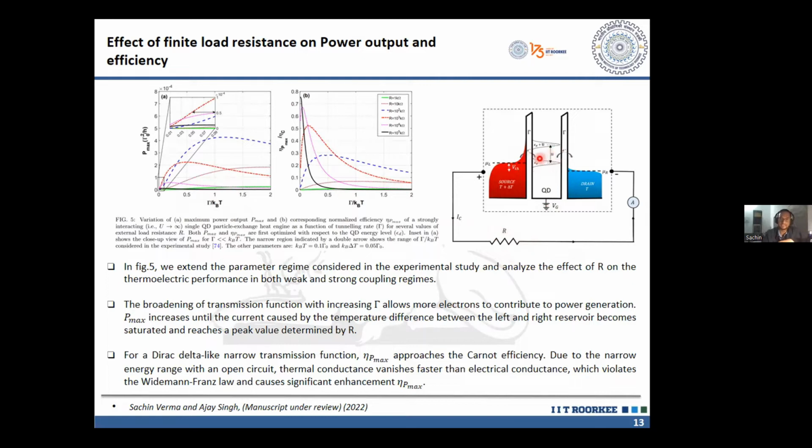So as we decrease gamma by kBT, the internal resistance of this NQDN device is very high, so it needs a large load resistance. This black one, which is of the order of 5 kilo ohm, corresponds to the very small gamma by kBT. One can also see further details in these publications.